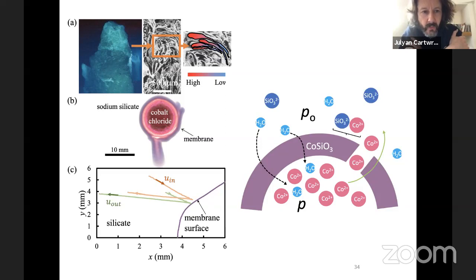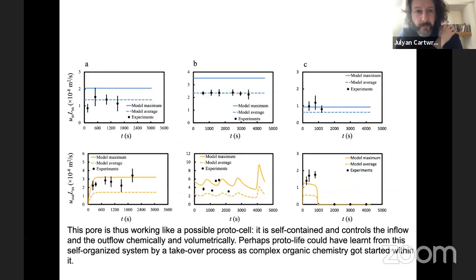So one needs to look at the hydrothermal vent, one needs to look at the structure of the pores, and one needs to consider now the detailed balance of the movement of species across such pores to understand what's really going on in this system.